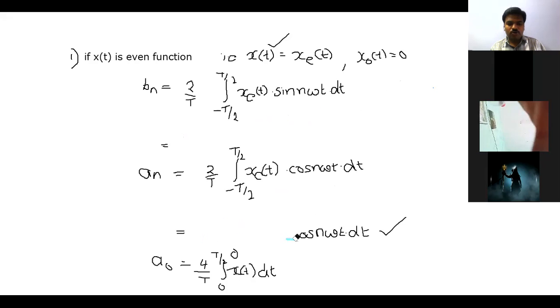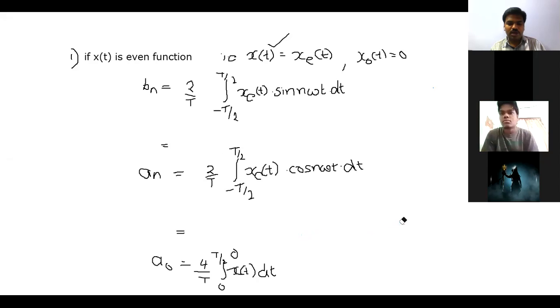Now I am keeping all the generalized coefficient expressions for a naught, an and bn values. Now see here, instead of the even function, I am going to make the function an odd function.